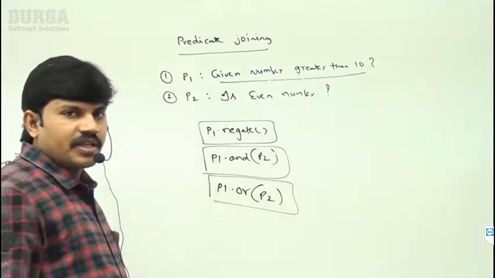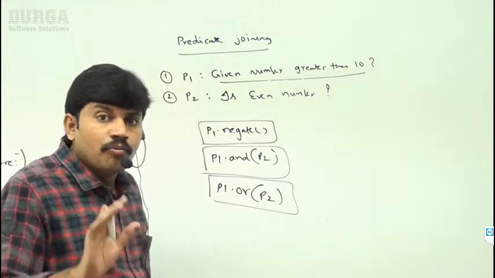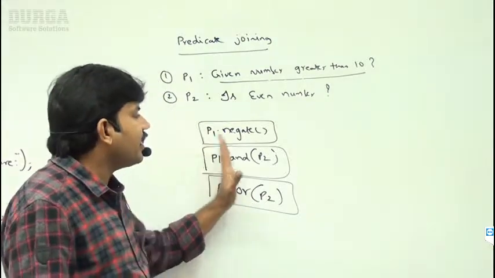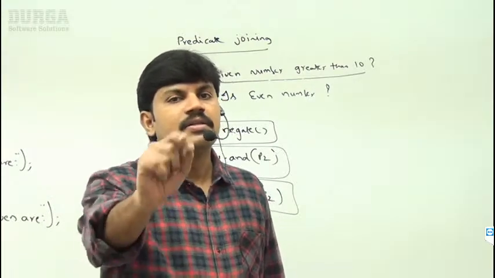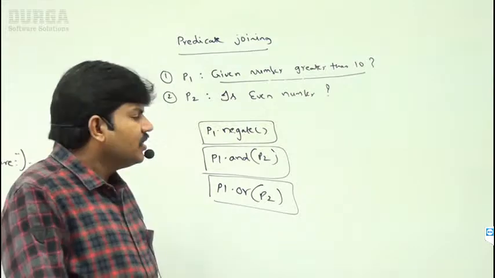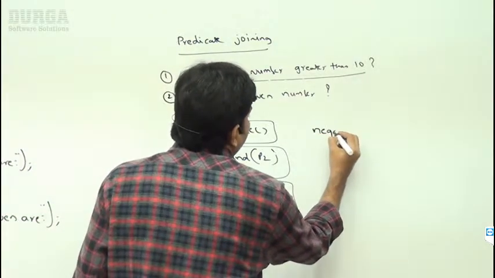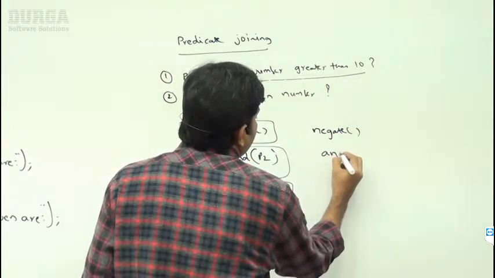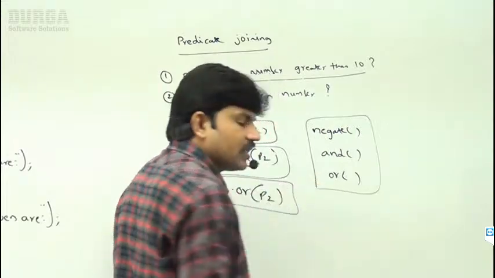So I'm using negate, and, and or. By using these, we can combine multiple predicates into a single predicate. This is nothing but predicate joining. These are the three methods I used: negate, and, or.